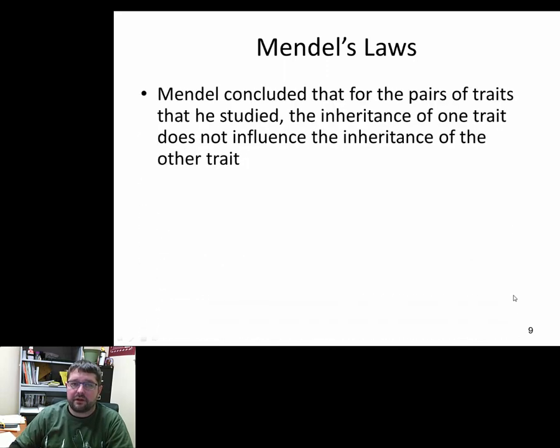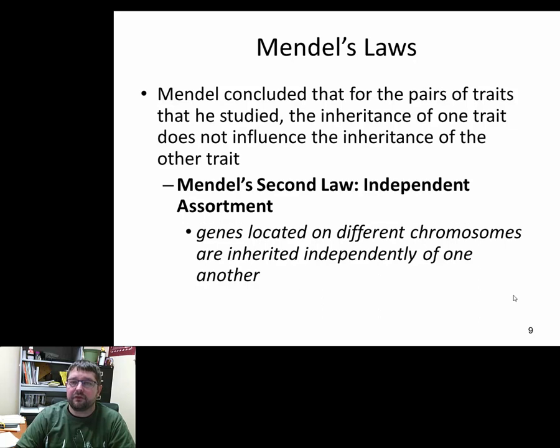The second law that Mendel came up with, okay, is the law of independent assortment, which should sound a little bit familiar to you because that happens in metaphase 1 of meiosis. And so that means that genes are located on different chromosomes, and you inherit chromosomes independent of one another.